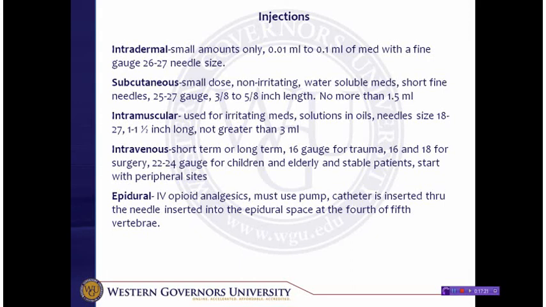The reason we give certain meds into the musculature is because the muscles have a greater vascularity. There's a lot more blood flow. So with an irritating medication, we want it absorbed, but we don't want it sitting there irritating the heck out of that muscle or that tissue. We want it absorbed, so we put it someplace more vascular, and that's why we choose the muscle.